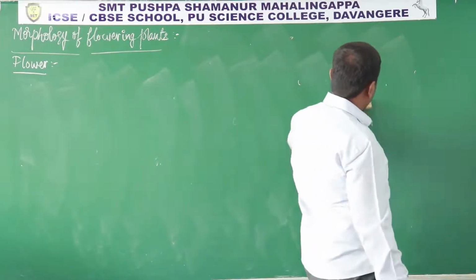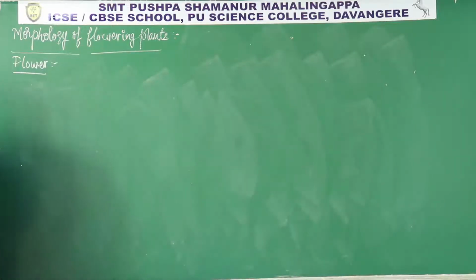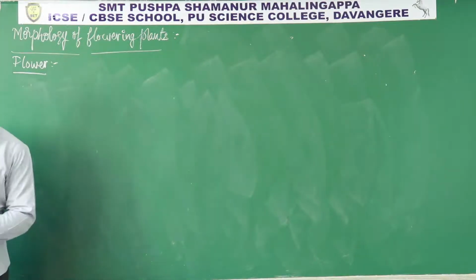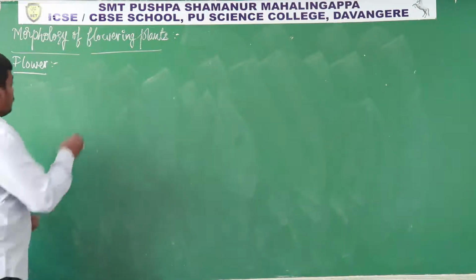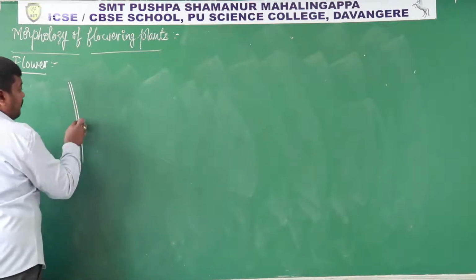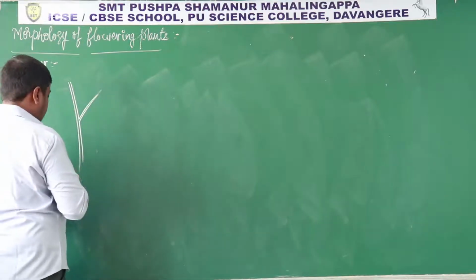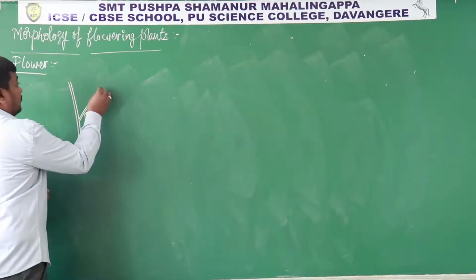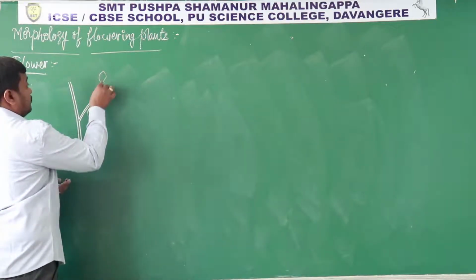Now come to the individual structure of the flower. Let us discuss the individual structure of a flower. Before that, let me explain one more thing with respect to the flower. A flower has calyx and corolla.